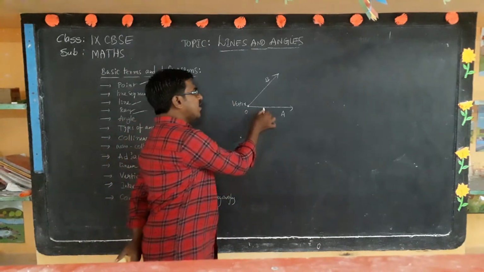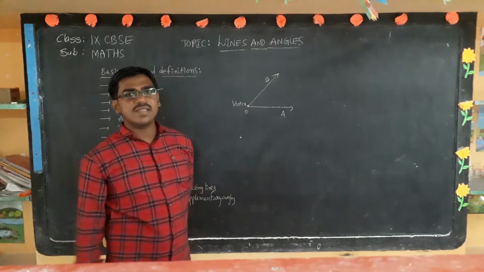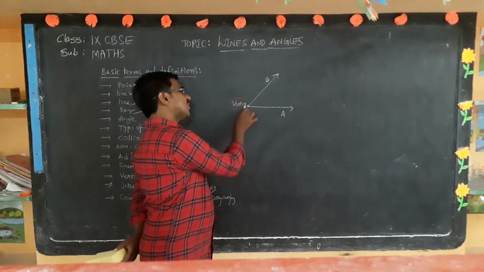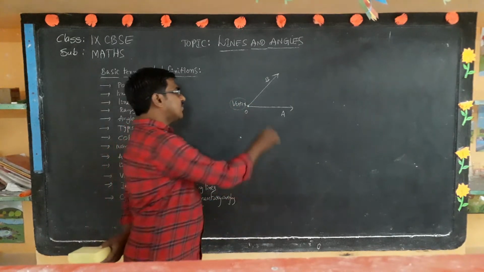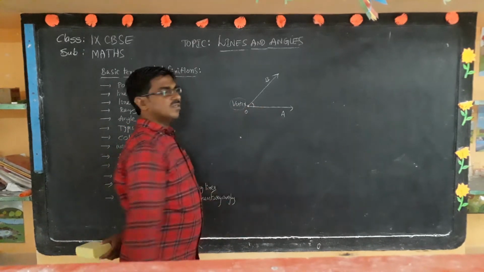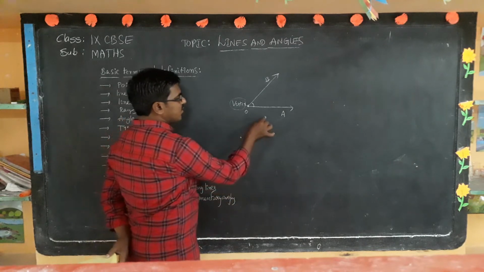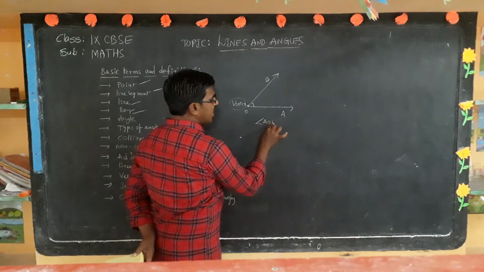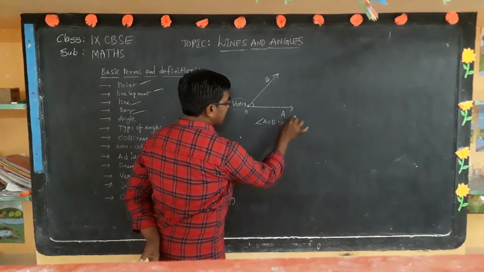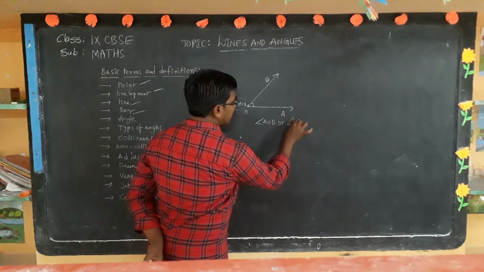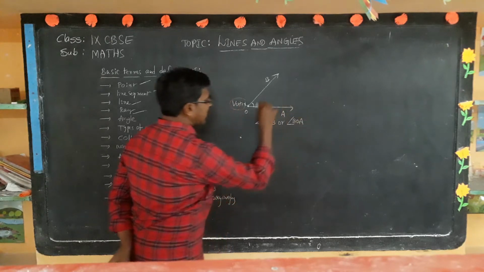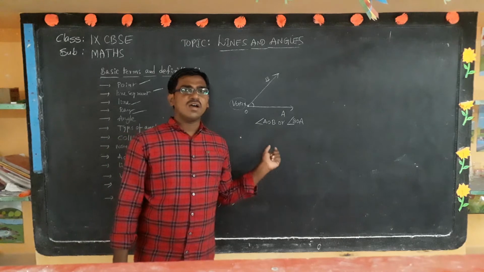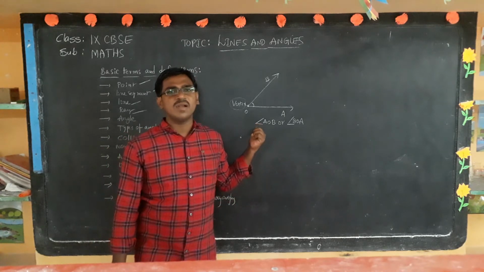The union of two rays having a common endpoint, called the vertex, is an angle. We represent the angle by the symbol, angle AOB or angle BOA. In both ways, the angle is the same.